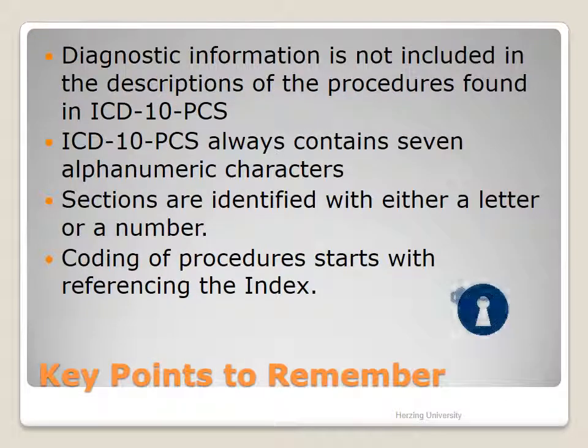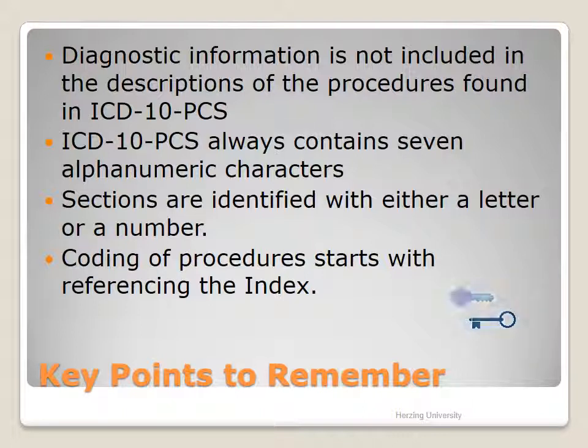So in review, some key points to remember when coding ICD-10 PCS. Diagnostic information is never included in the description of procedures found in ICD-10 PCS. If you're coding diagnostic information, you're going to be coding ICD-10 CM. ICD-10 PCS is for procedures only. ICD-10 PCS always contains 7 alphanumeric characters.